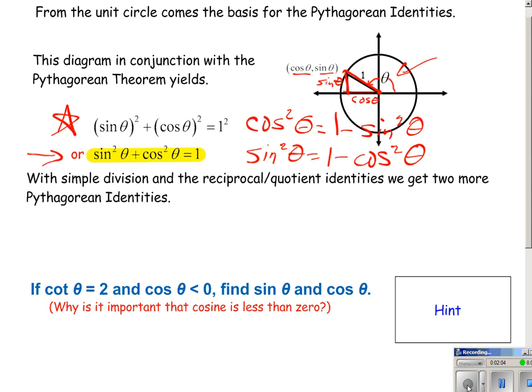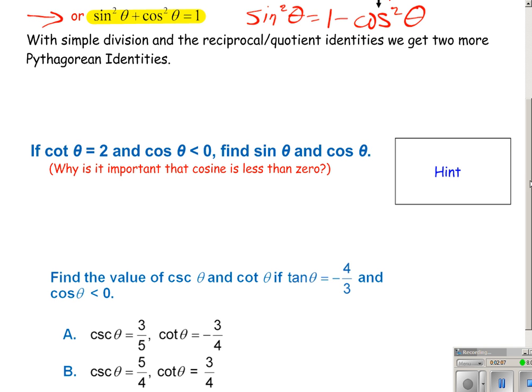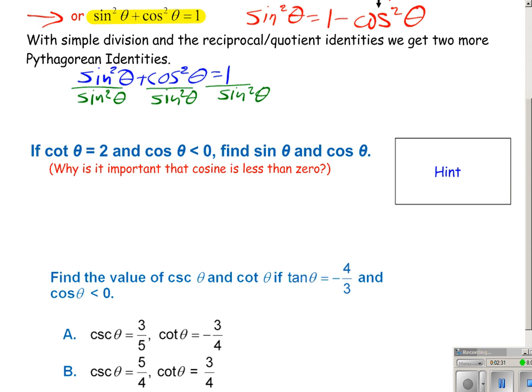Now, a little more: if we take that identity, sine squared theta plus cosine squared theta equals 1, and divide each side by sine squared theta, so we've got to divide everything by sine squared theta, it gives us a totally new identity, because sine squared theta over sine squared theta is 1, plus cosine squared theta over sine squared theta, which is cotangent squared theta, equals 1 over sine squared, which is cosecant squared of theta.